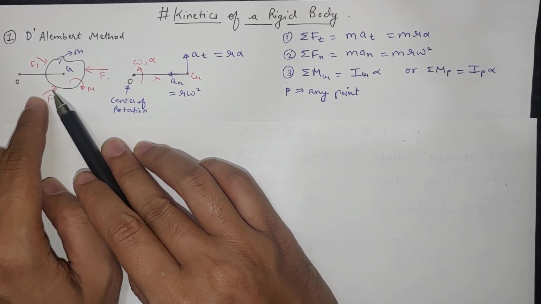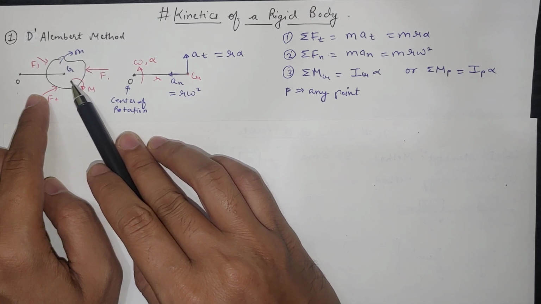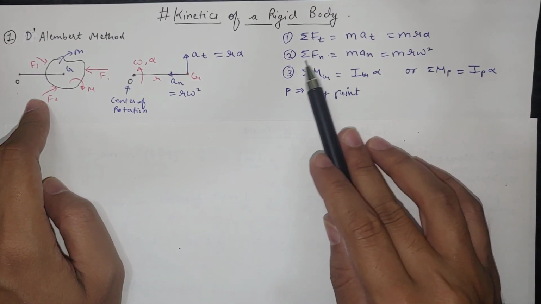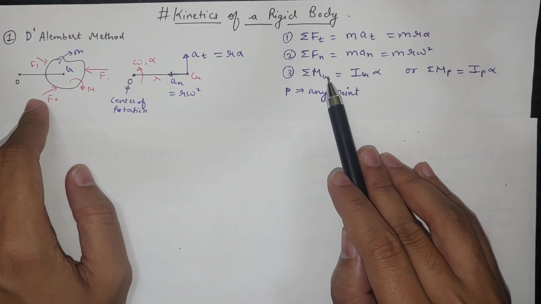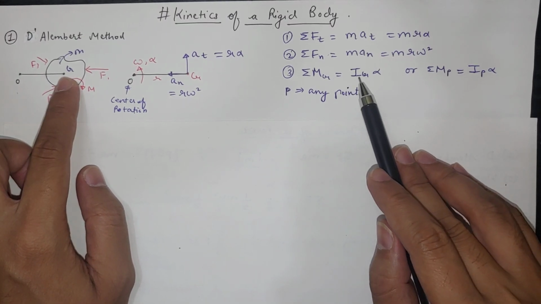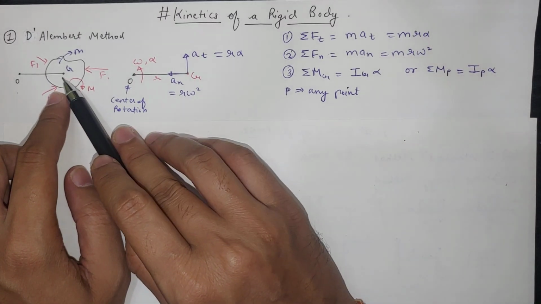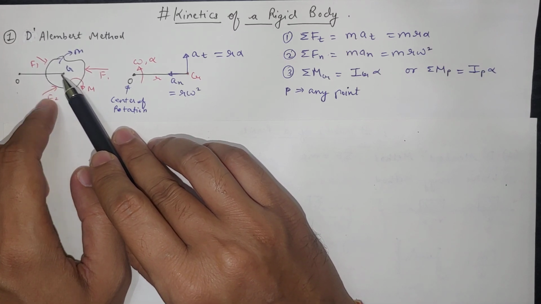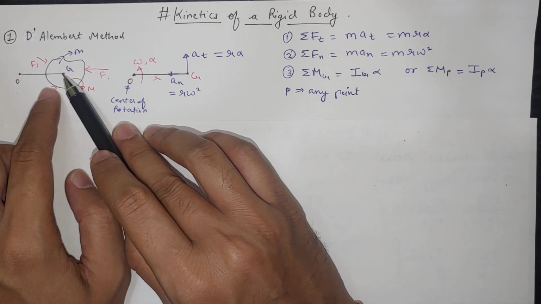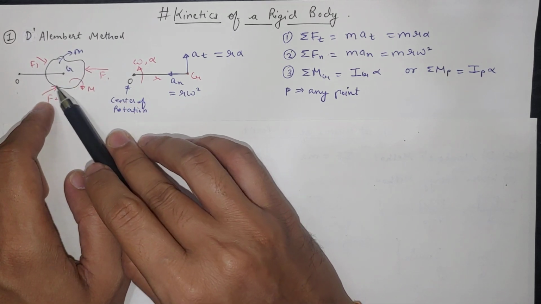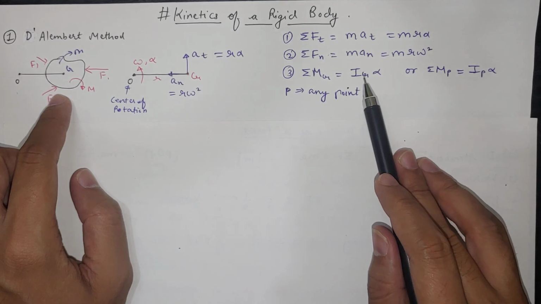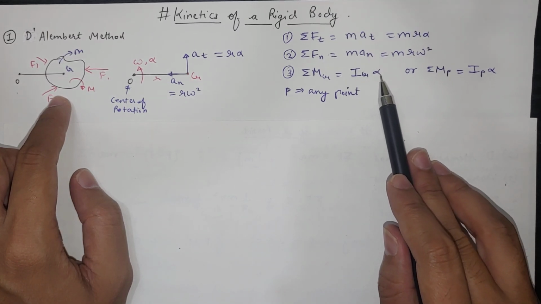This force is passing at some distance from G, so the perpendicular distance times the force will give the moment at G. Summation of all the moments calculated at point G will be equal to the inertia at point G, the rigid body's inertia with respect to G. If it's a circular disc then it will be m r square by 2. If it's a circular ring, then m r square. Like that, we calculate the inertia with respect to G, multiplied by angular acceleration alpha.